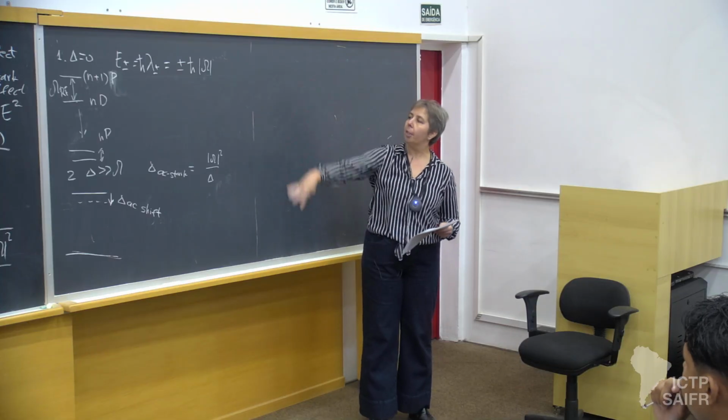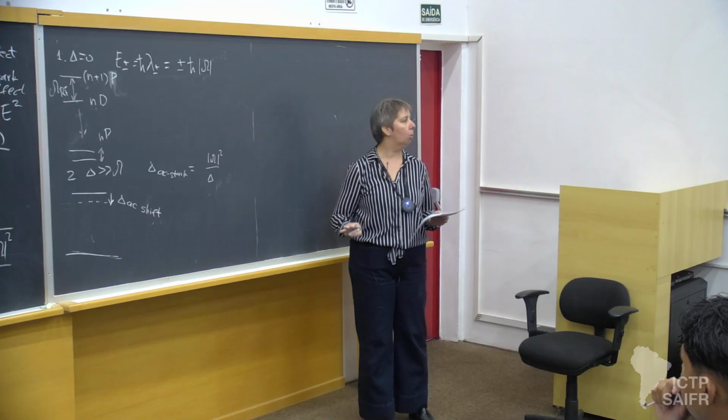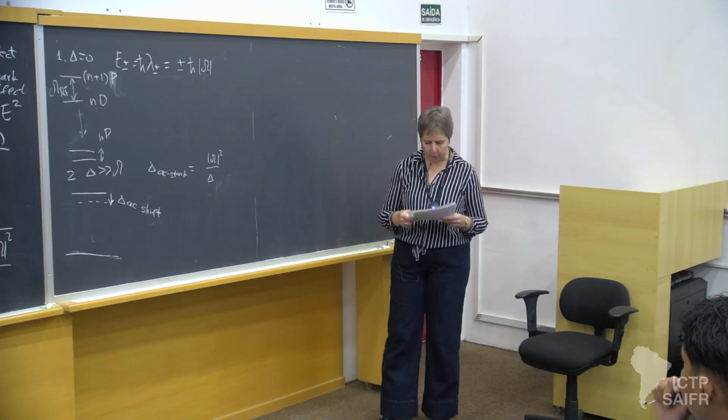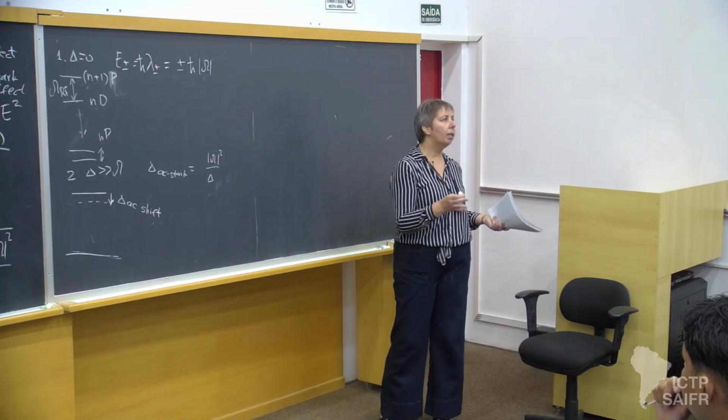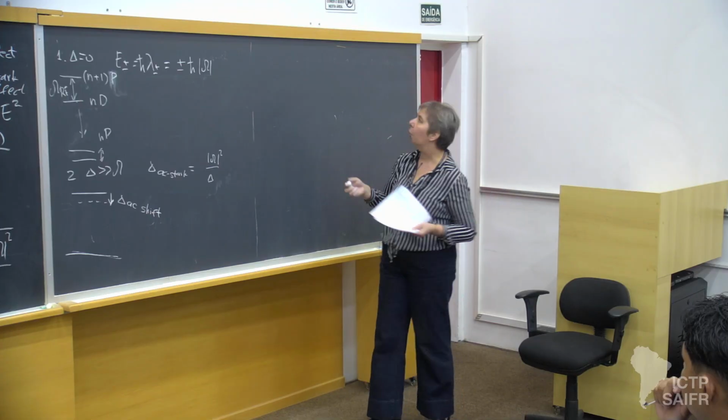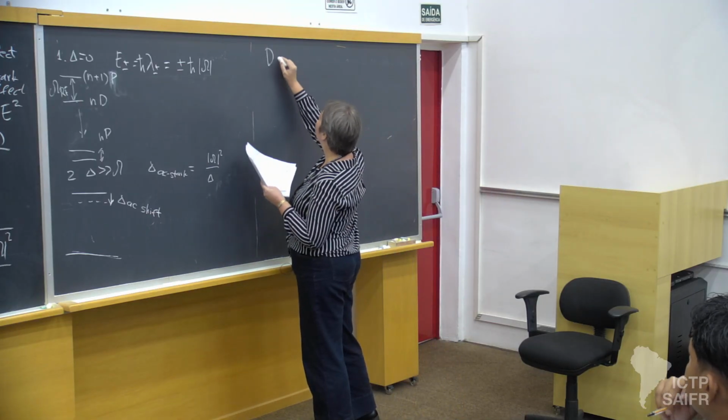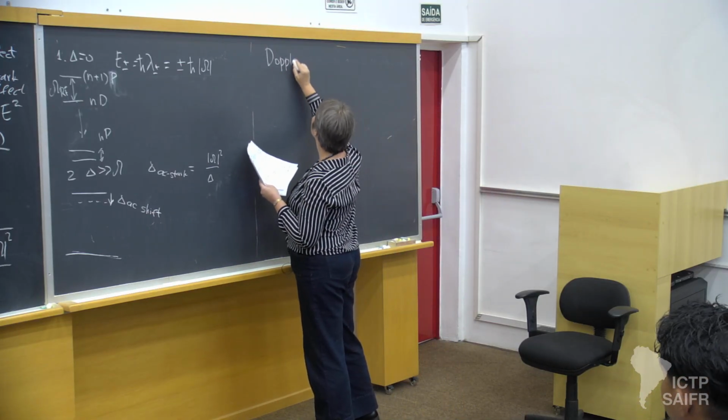Now, everything I told you about here is of course relevant for both cold and hot atoms. But the last one is more the territory of hot atoms. This is the effect of motion. It's the Doppler effect.